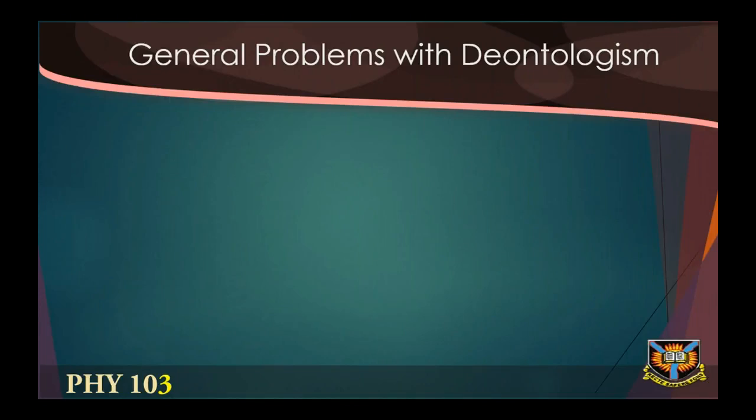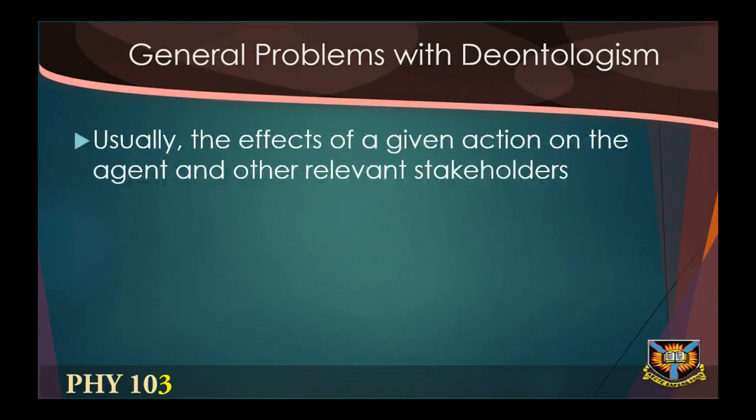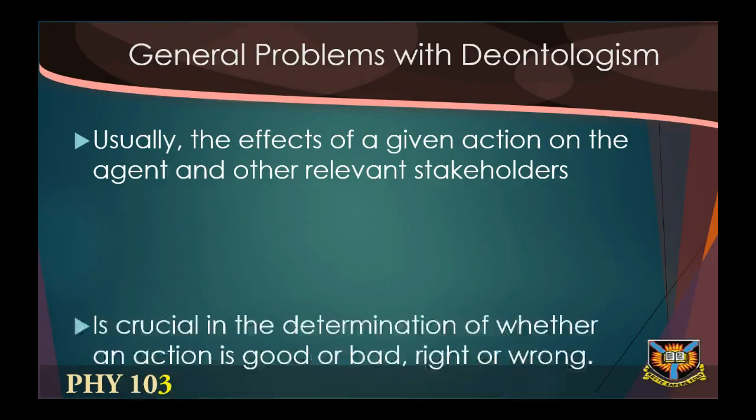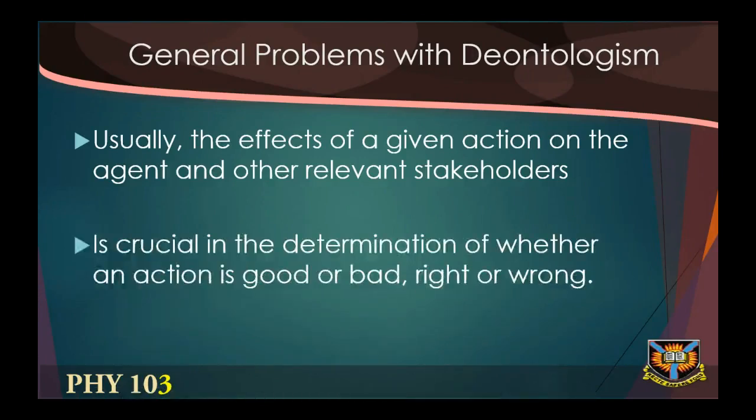However, in practical terms, we normally take into account the utility of actions in the effort to determine their moral worth. Usually, the effects of a given action on the agent and other relevant stakeholders is crucial in the determination of whether an action is good or bad, right or wrong.